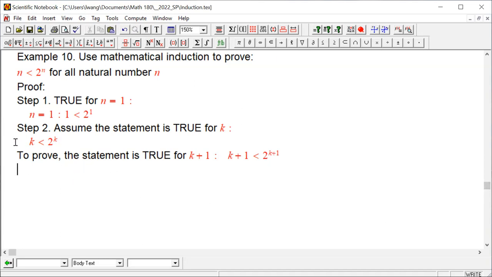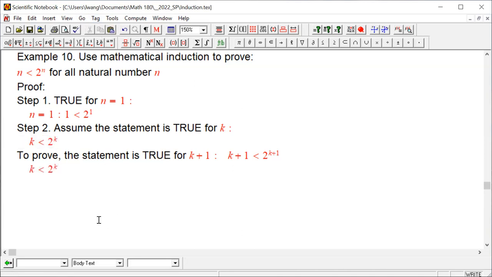So now we're going to use this. We're going to work with inequality. So from this piece, what can we do? To prove an inequality, we may like to start from here.